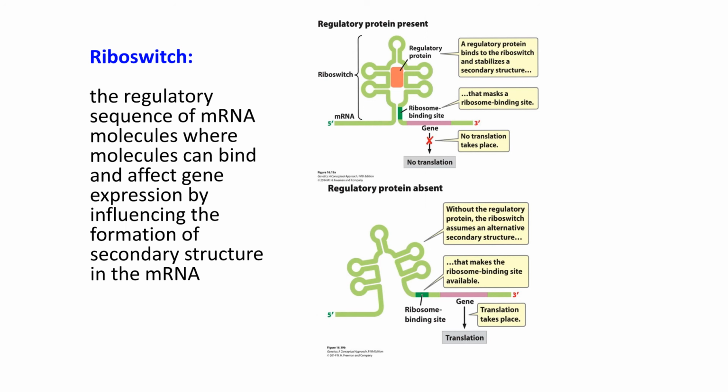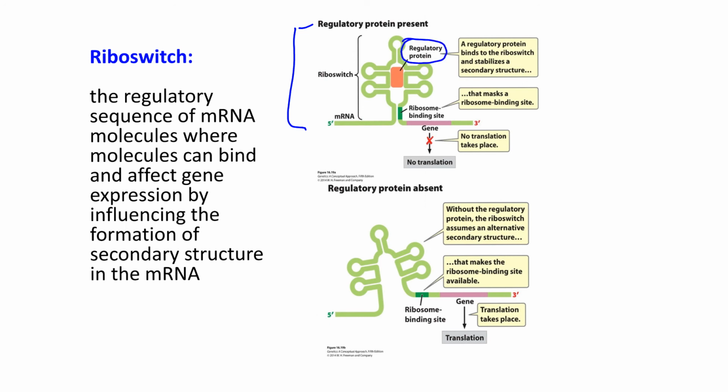Under the scenario outlined here, you see a riboswitch, which is a complex secondary structure. If the riboswitch interacts with a regulatory protein under this scenario, this riboswitch is stabilized in a secondary structure that masks the ribosome binding site, and therefore no translation takes place.